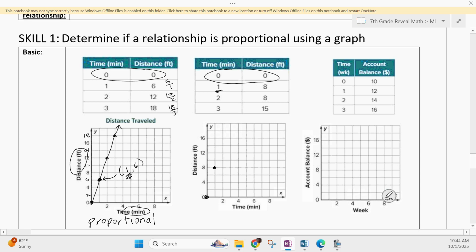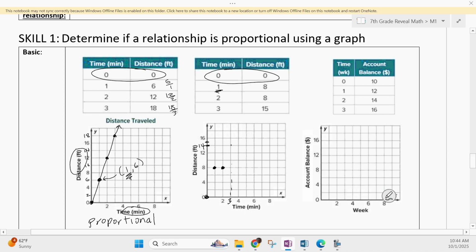Wait a minute. We got 2 is also at 8. Doesn't look like a straight line through the origin anymore. Okay, and we got 3, 15. This is a little tricky because I know that this is going to be 14. So that means right in between 14 and 16 is going to be 15. So I'm going to follow up this 3 line. I get to 14.